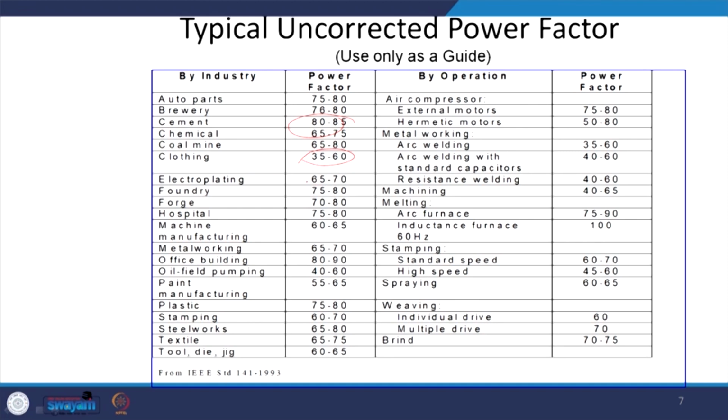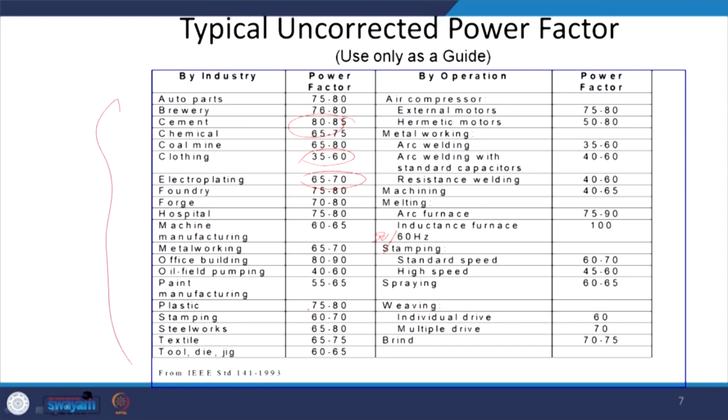Thereafter electroplating is 60 to 70 and so on, and we have different kinds of weaving, individual drive, standard speed, high speed for stamping, and for melting, arc furnace and induction furnace at 50 or 60 hertz both. So, we will have this overall power factor problem, and these are all industrial uses.